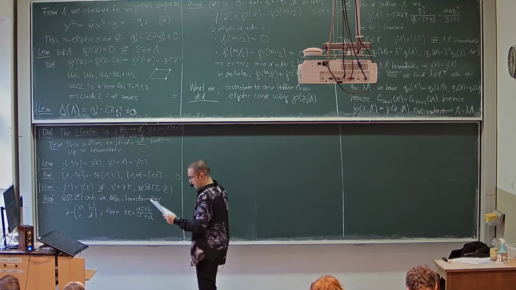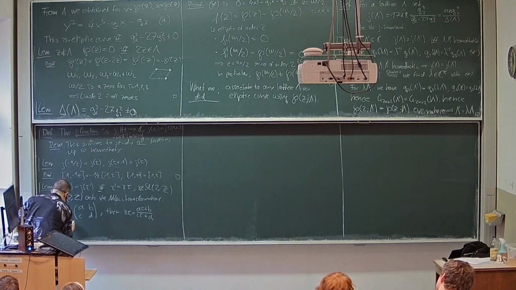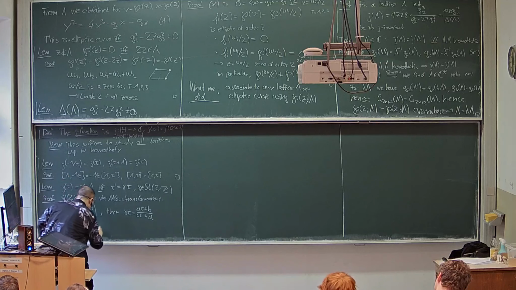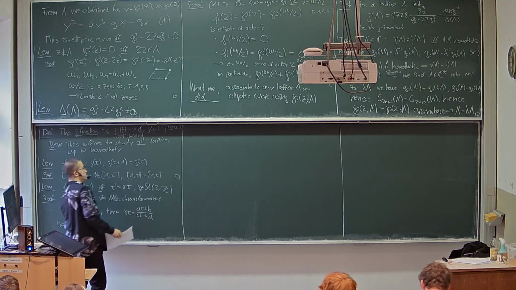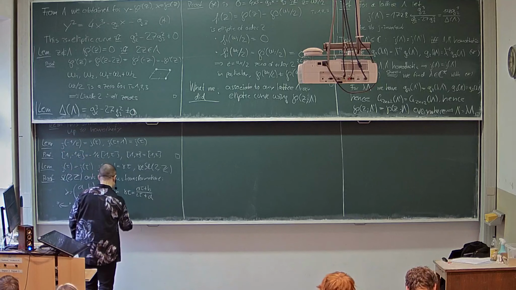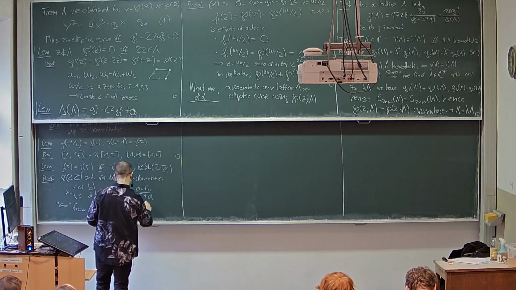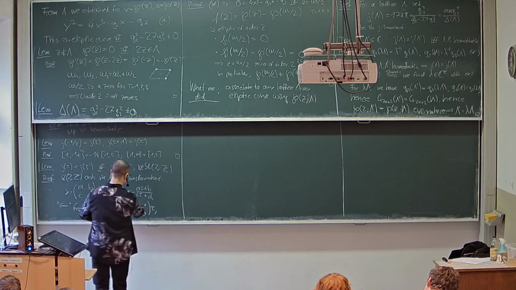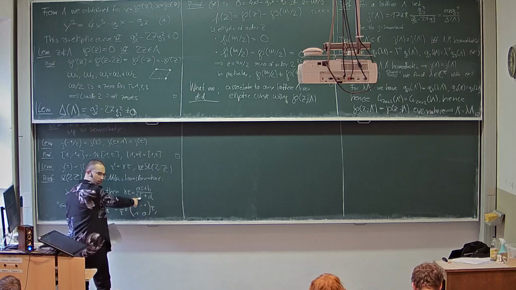And then the backwards direction is immediate from the lemma, noting two things. First off, inversion at the unit circle can be realized by considering this matrix, simply because what you get plugging this in is minus 1 over tau.